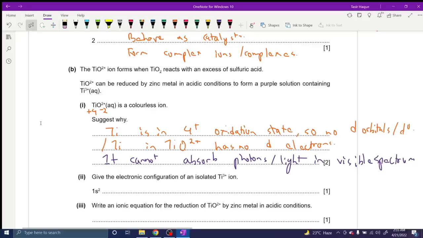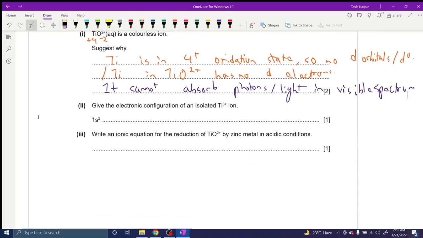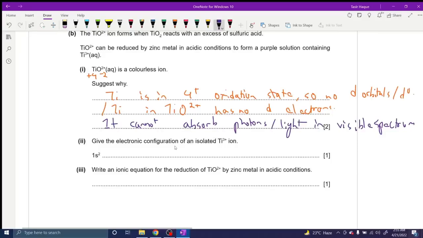Or you could say that no wavelength or frequency is absorbed in the visible spectrum. So what's the configuration of the Ti3+ ion? It's going to be 1s2, 2s2, 2p6, 3s2, 3p6, okay, 4s2, 3d2. This is what was supposed to happen. But what happens when we form a transition metal ion? The 4s electrons are lost first, 2 are lost from here, and 1 will be lost from the 3d orbital. So it's going to be 3d1.